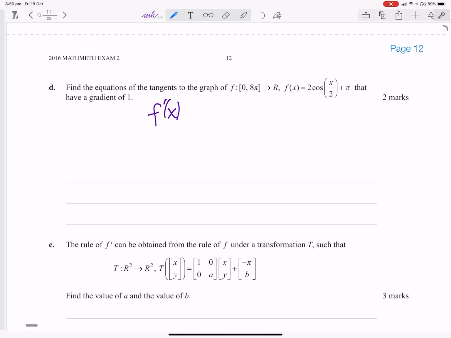So f dash of x equals 1, therefore x equals 3 pi, 7 pi. When x equals 3 pi, when x equals 7 pi.